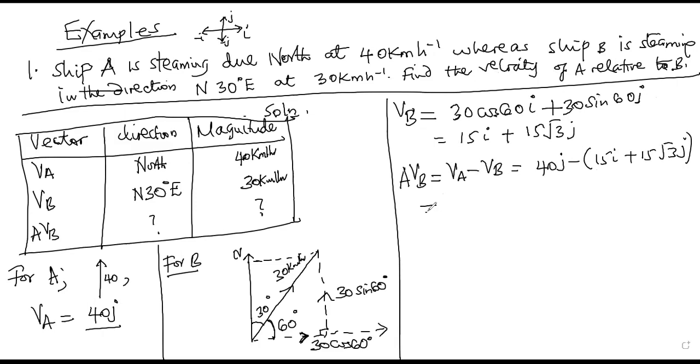So this is the same as 40J, of course, we shall have negative 15I, then collect like terms: 40J minus 15√3J. So this will give you 14J.